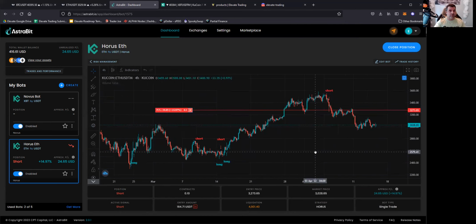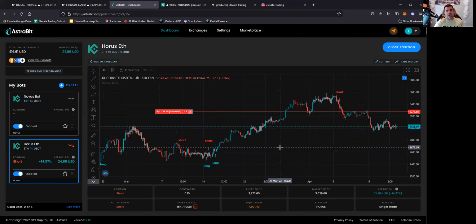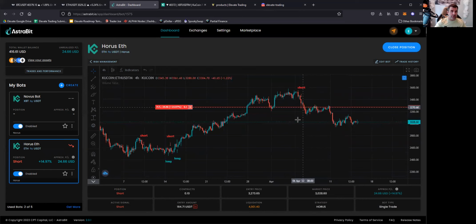So you have to keep in mind that when you're signing up, your timing is going to reflect everything. Because I know everybody's like, all right, I signed up, I want to instantly make money. I don't want to sit around for 2 weeks waiting on this bot to pick up a trade and pick up a signal. Okay, well, you have that option to manually put your bot in a long, or again, if you don't feel comfortable and confident, just wait for the bot to do its thing, because it eventually will.